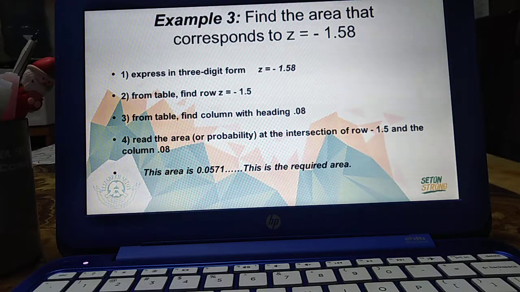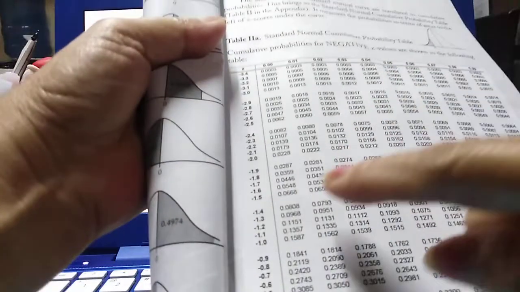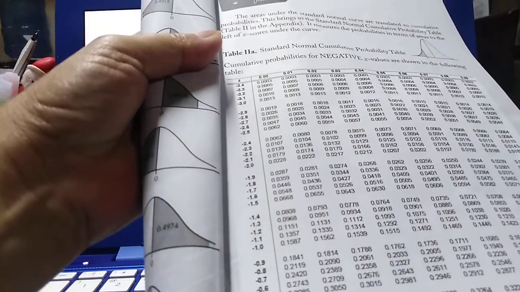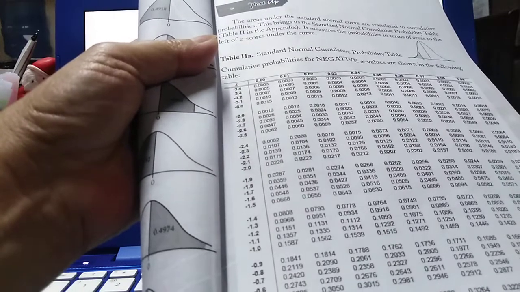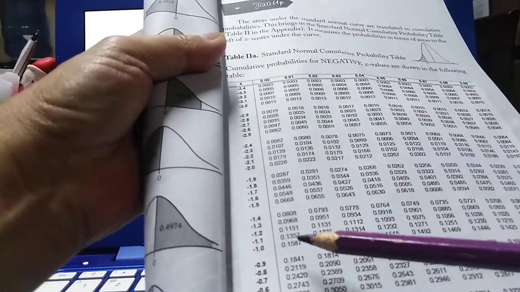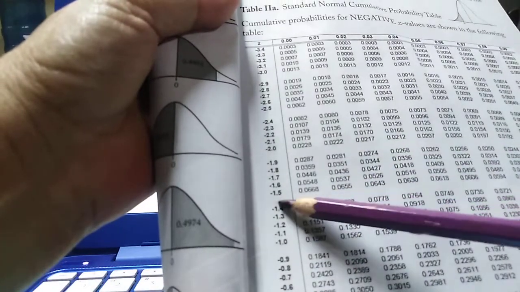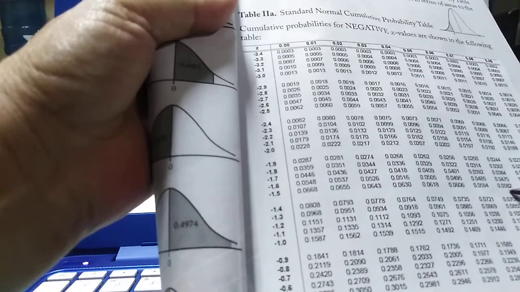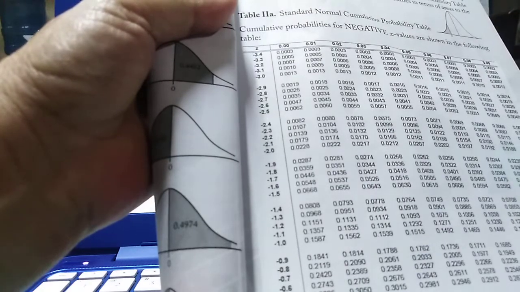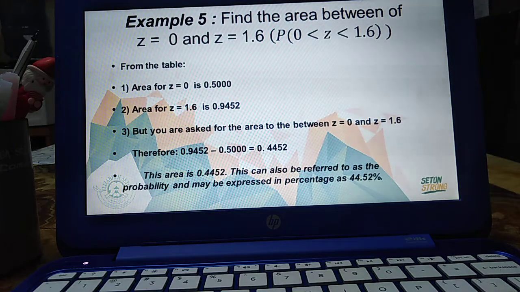For negative 1.58, in the row, we look for negative 1.5. Here, negative 1.5. But we're looking for negative 1.58. So for negative 1.5, we are going to look for 0.08. So we get 0.0571.